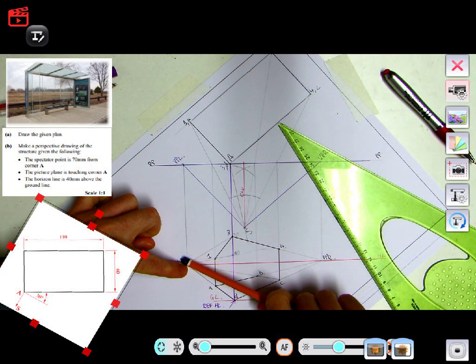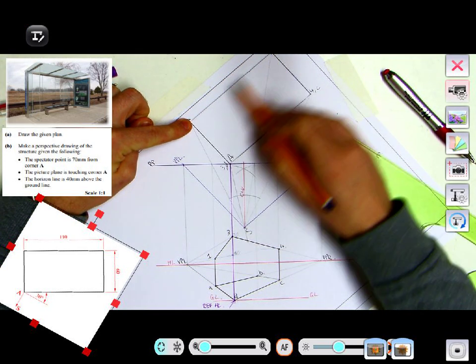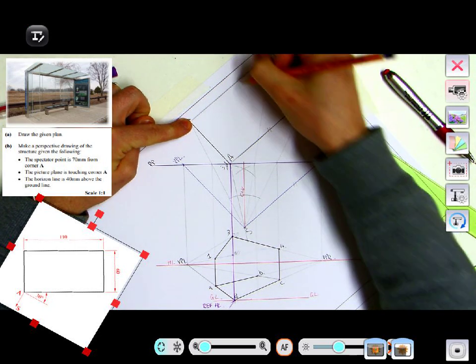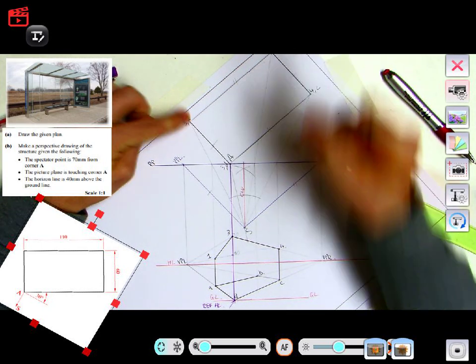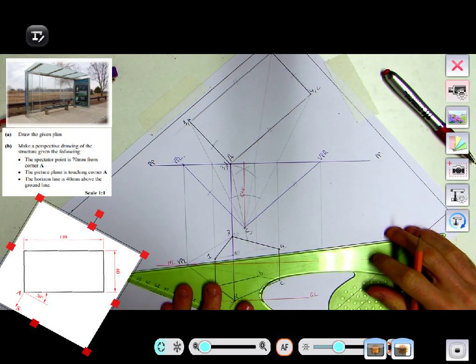Or I have point 1, and as we go from point 1 to 2, that's parallel with VPR, all parallel lines, and I could find it that way. So I'm going to do it both ways to clarify my answer.